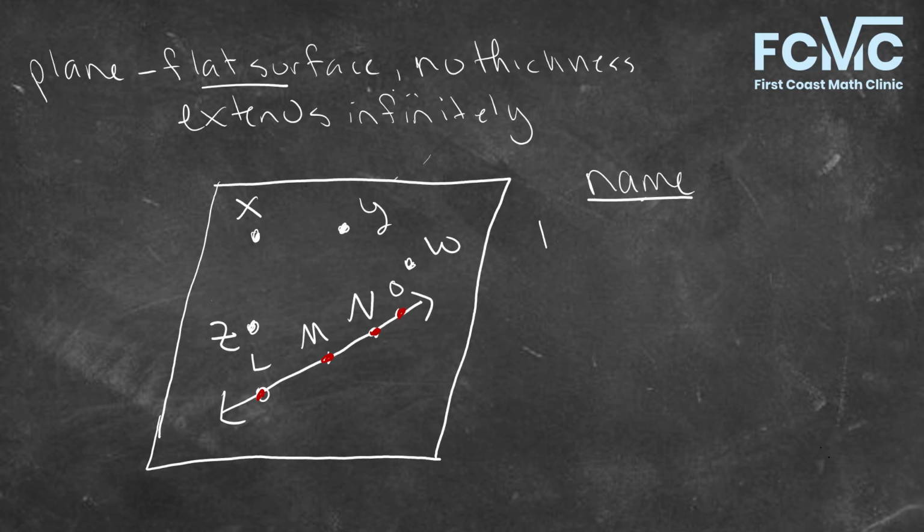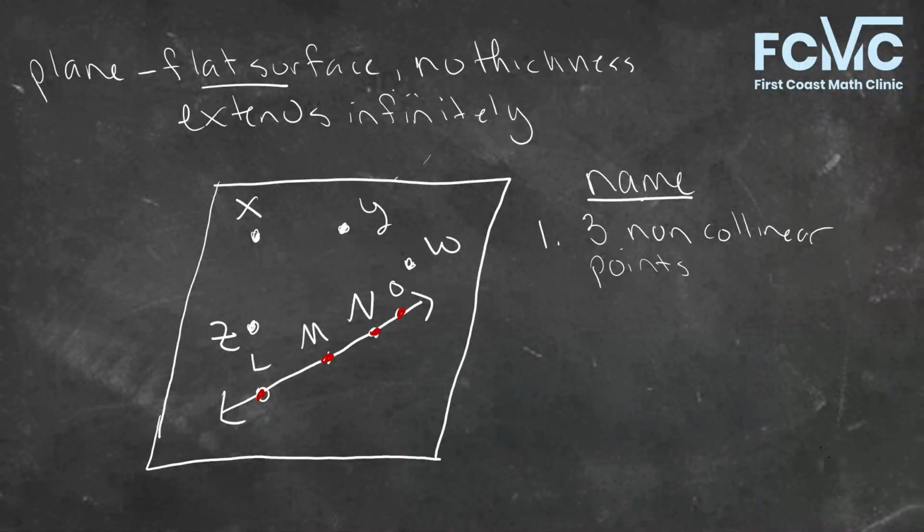So there's two different ways that we can name our plane. The first way is using any three non-collinear points. I'm going to do another video on collinear and non-collinear in a little bit, but collinear are basically points that are on the same line.